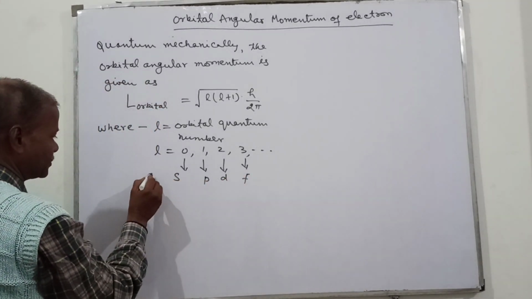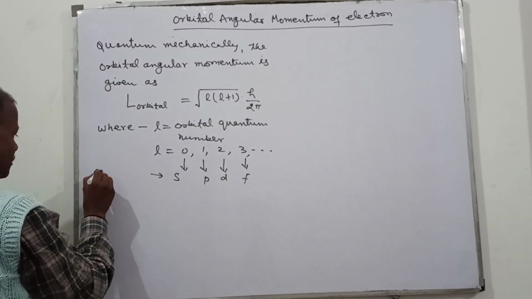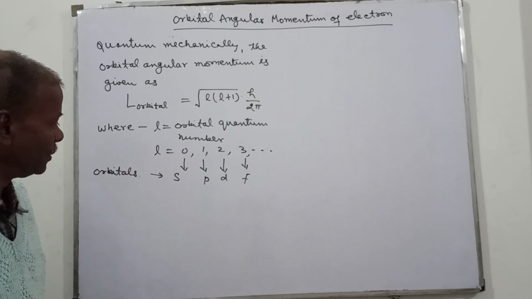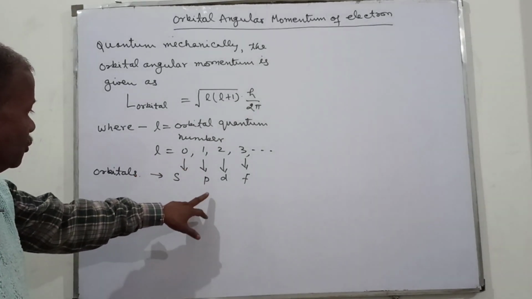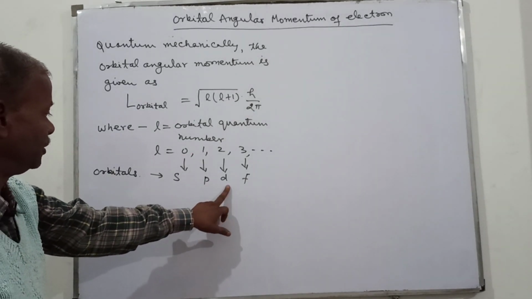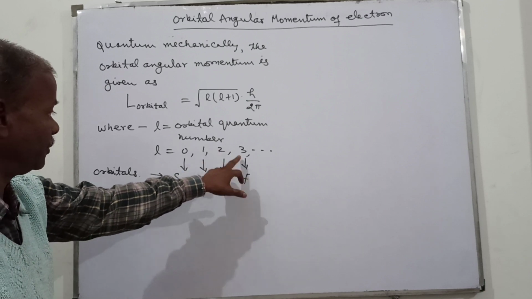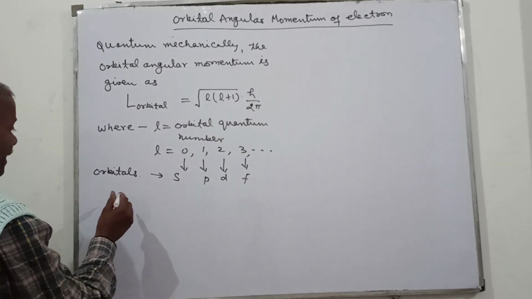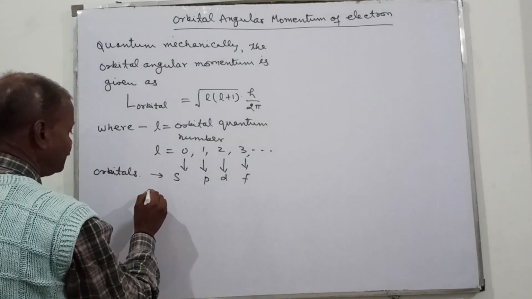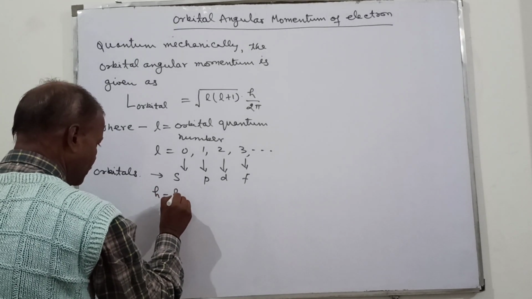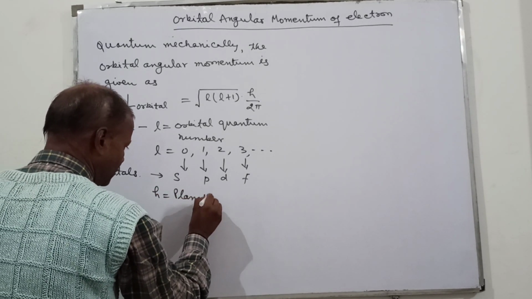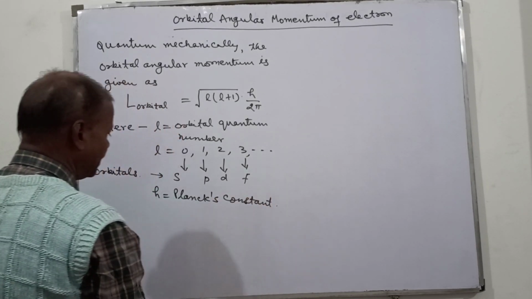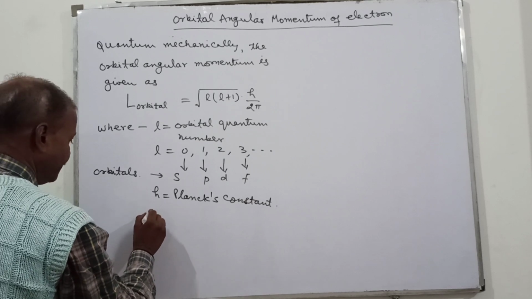So these are the orbitals. So for s orbital, l equal to 0, for p orbital, l equal to 1, for d orbital, this is now 2, for f orbital, this l equal to 3 and so on. h is Planck's constant, so this h upon 2 pi.